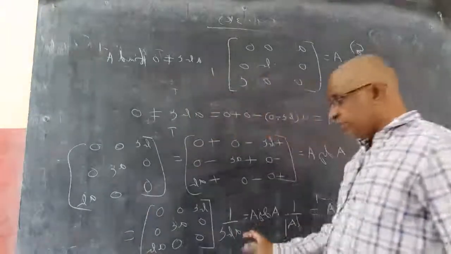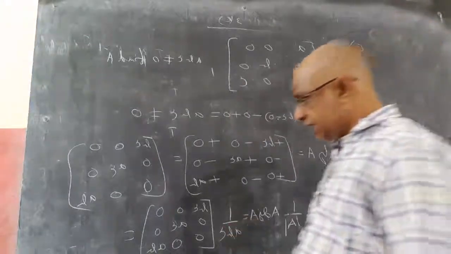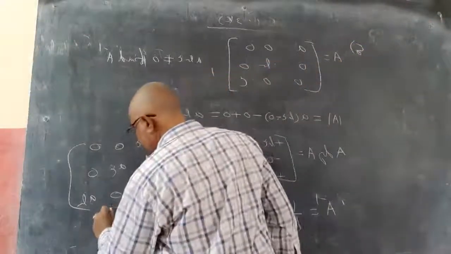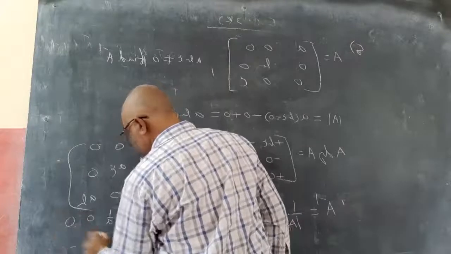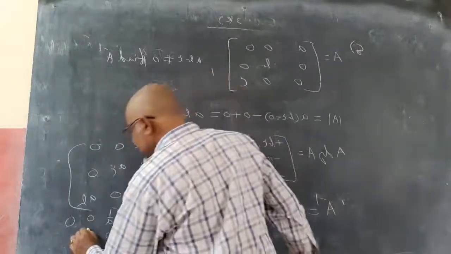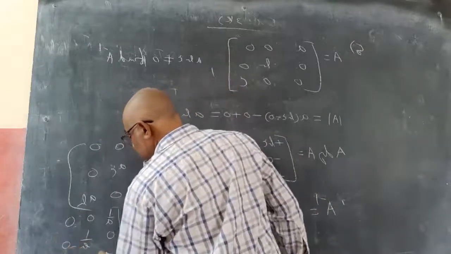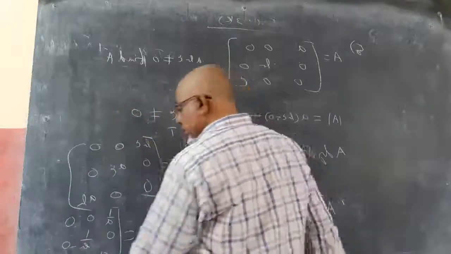Now if you bring 1 by ABC inside, BC and BC cancel, left out is 1 by A, 0 0; 0, AC and AC cancel, 1 by B, 0; 0 0, AB and AB cancel, 1 by C.